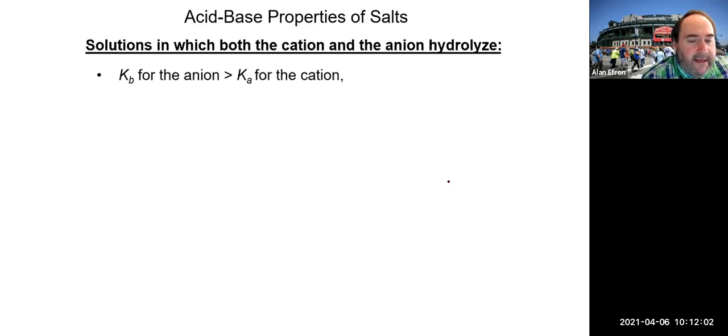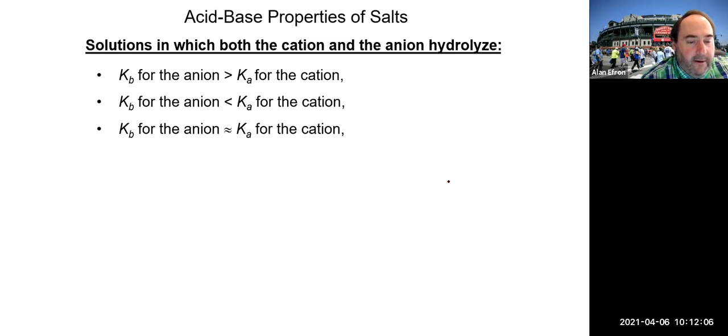But it is possible that more than one part of the salt, or both parts of the salt, can actually go through hydrolysis. What that means is, for example, let's say we had something like NH4NO2. If we look at this salt, that is NH4 plus, and if we look at this guy, that is NO2 minus.